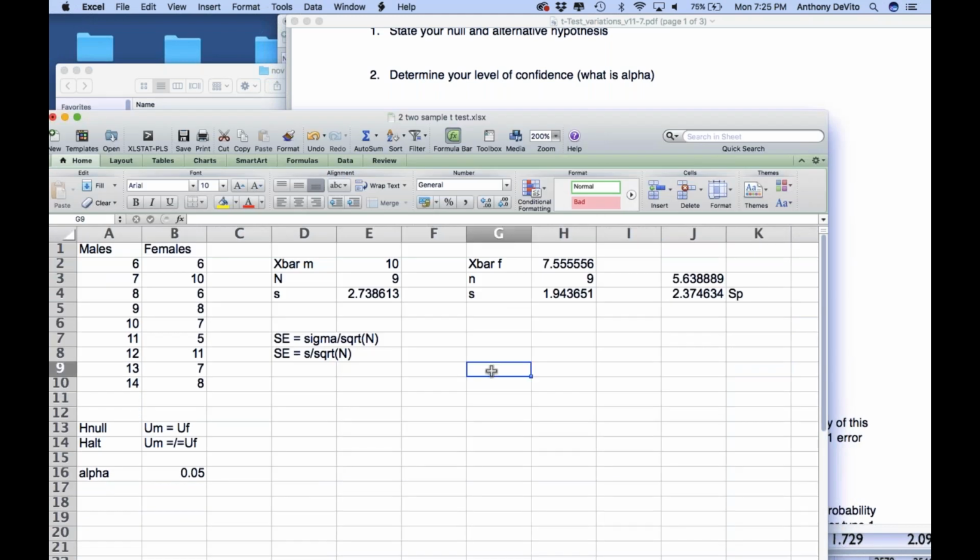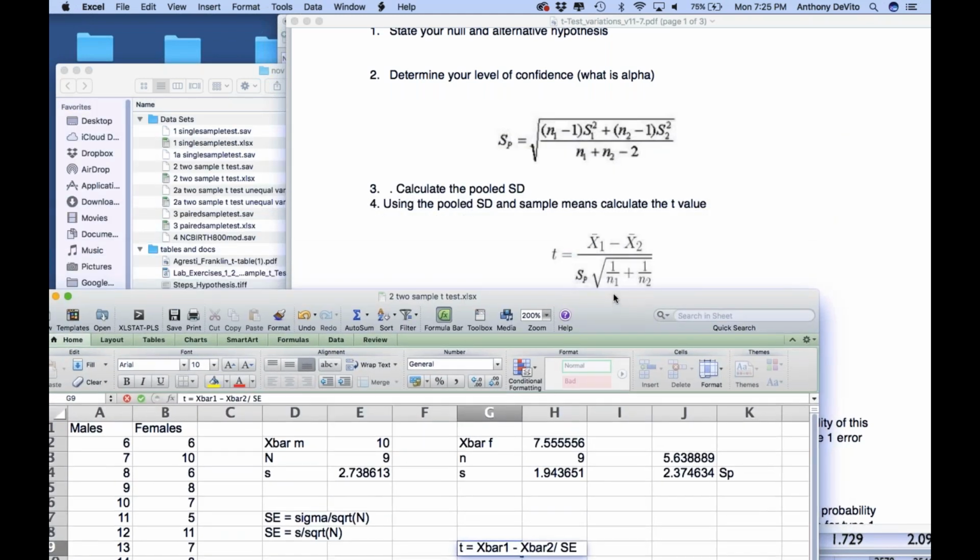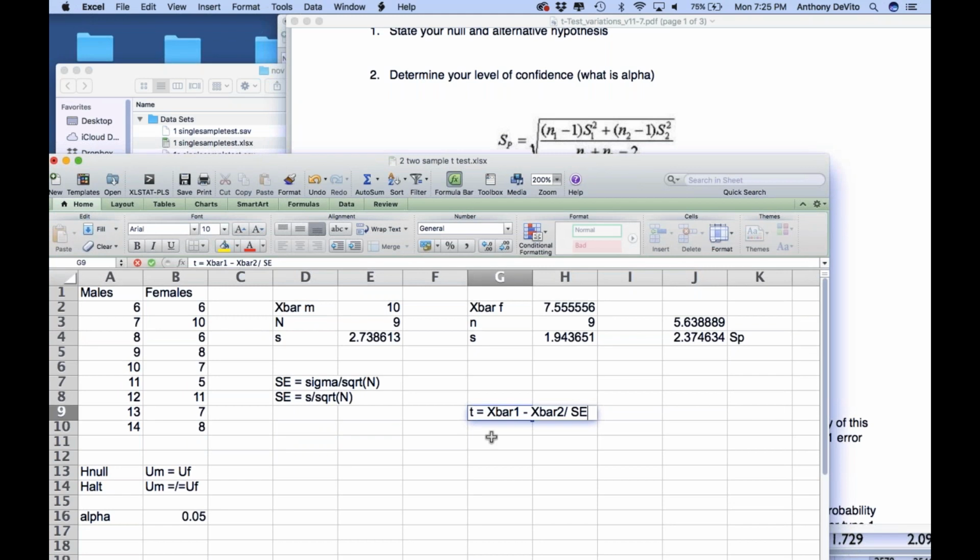So t, as always, is equal to x bar 1 minus x bar 2 over the standard error, which is the bottom of that quiz. Oh, I'm sorry, it's not that number, is it? We'll calculate that in a second.